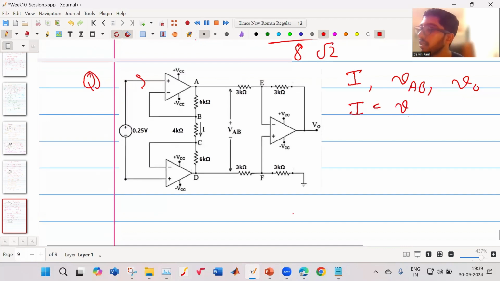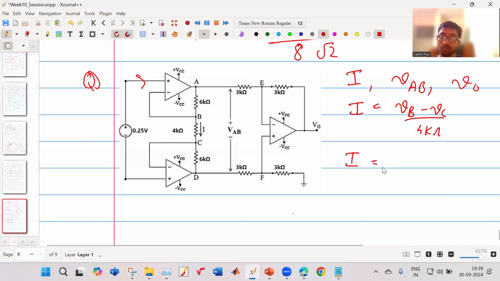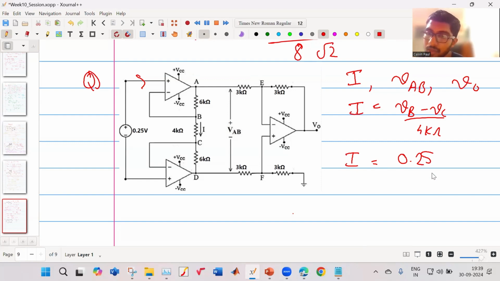I is actually VB minus VC by 4 kilo ohm. Correct. What is your VB? 0.25 volt, sir. And what is your VC? No, actually it is your VB minus VC is 0.25 volt. Okay. So VB minus VC divided by 4 kilo ohm.